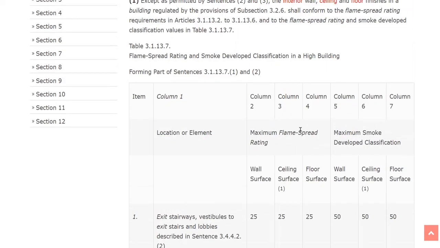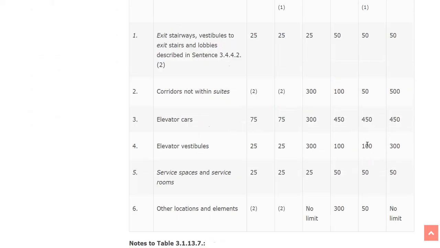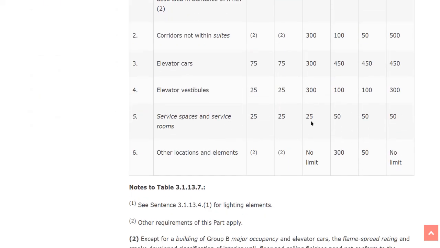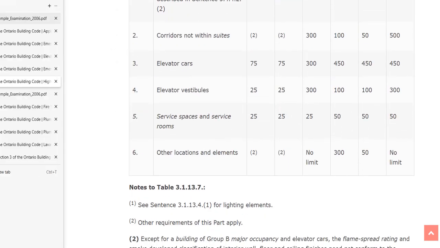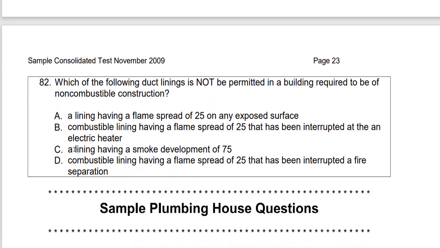But if you look at the smoke development classification, it's 50. What is it that it has there? Duct lining having a smoke development classification of 75. The answer to that question is C. Remember, not to be permitted.